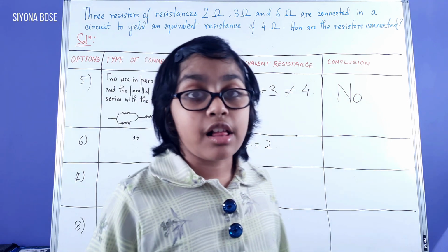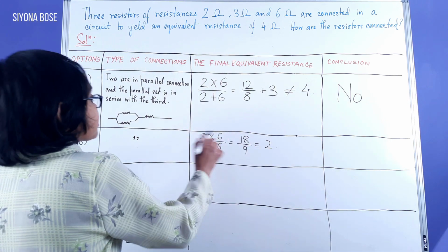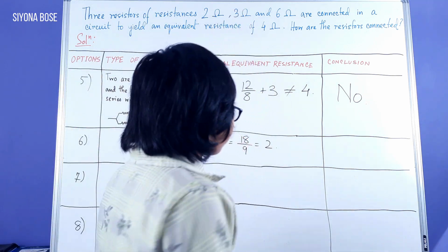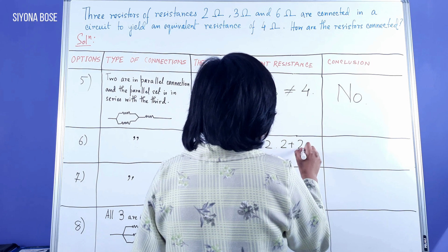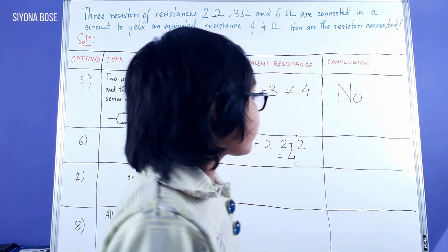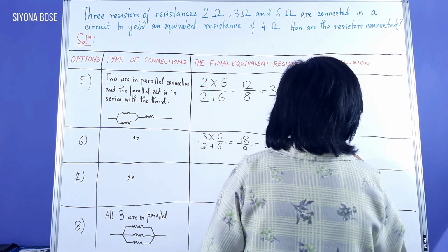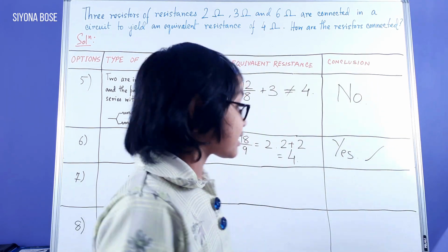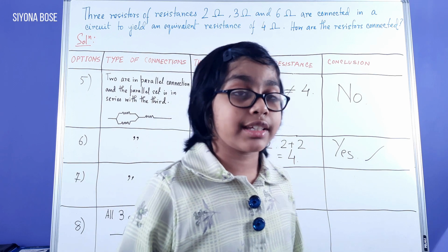We got that equivalent resistance, and since we took 3 and 6, we also have 2. That makes 2 plus 2, and 2 plus 2 equals 4. And this is our ideal connection, and we put a big yes over here. But still, we have 2 more possibilities left to check. So even if we got our answer, let's still check out the other possibilities.